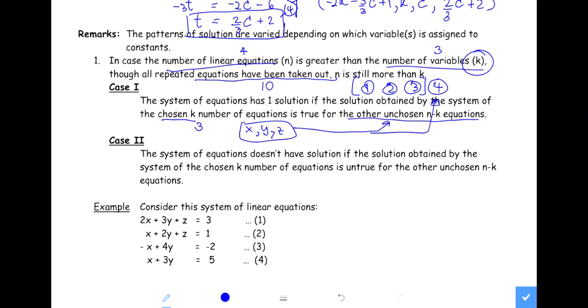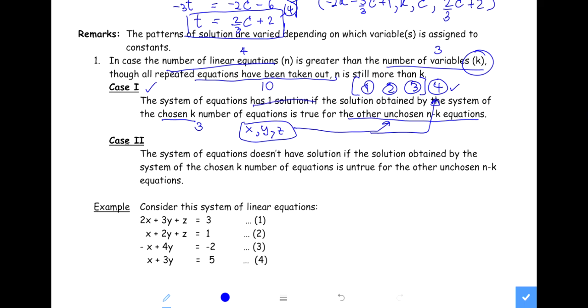If equation number 4 is true, then case 1 applies: you will have the answer. If you choose some equations, solve for the answer, substitute it into the unchosen one, and it holds true for all the equations, then you will have one solution.